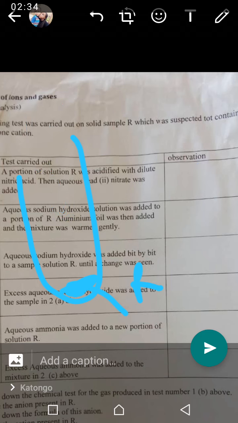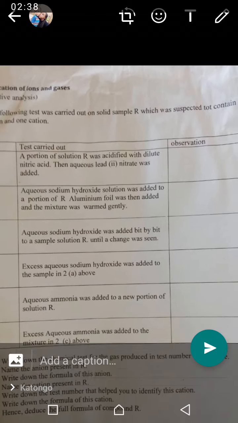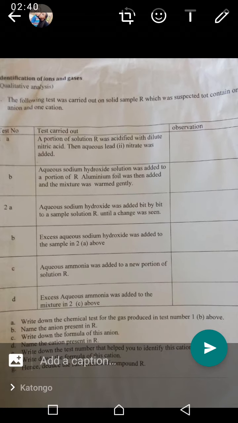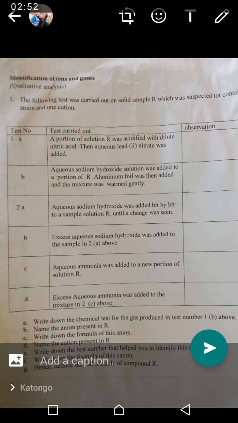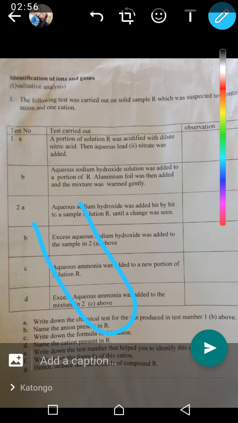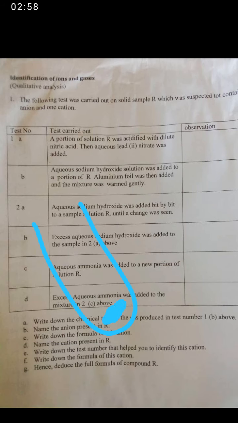Same thing again when you go on question 2. Have you seen question 2? There it is again. They're saying aqueous sodium hydroxide was added to a portion of R, then aluminum foil was added, and the mixture was warmed. So this is a test tube. You add the R in the test tube.